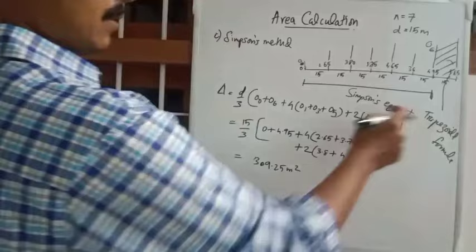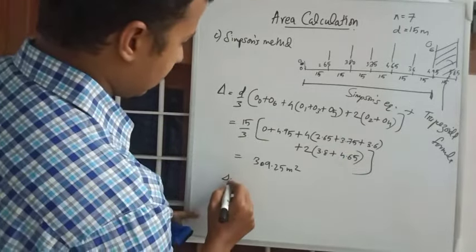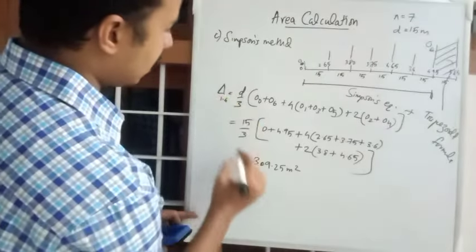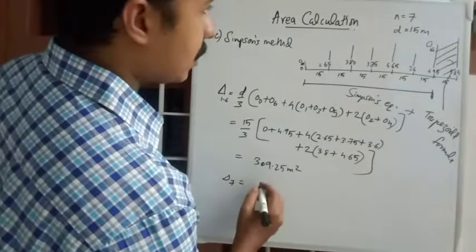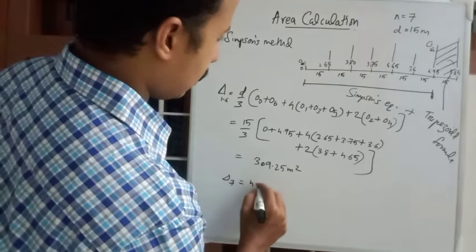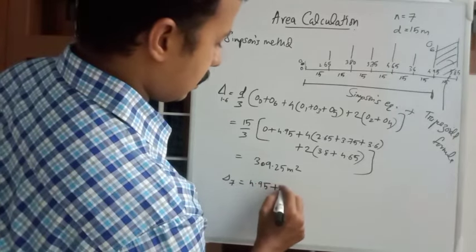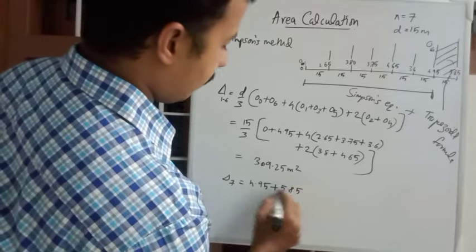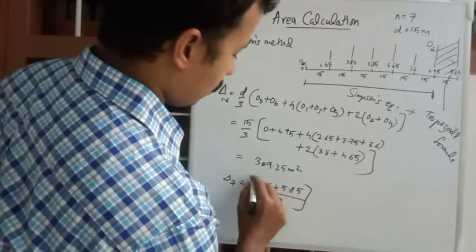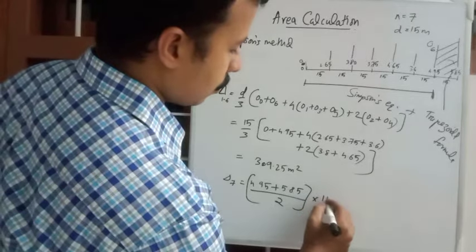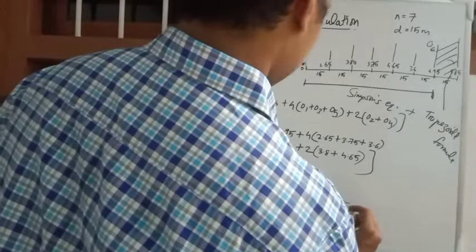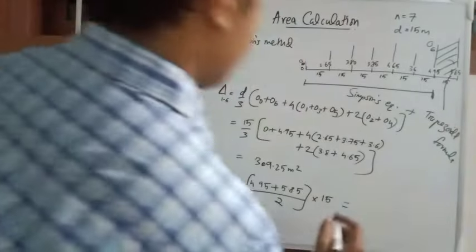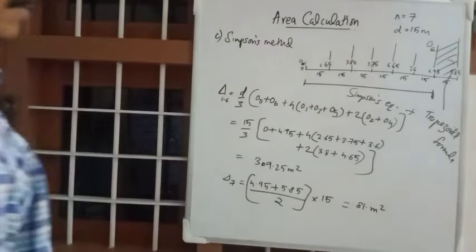The one remaining is the last division, delta 7, by the trapezoidal formula, that is 4.95 plus 5.85 divided by 2, the basic equation, into 15. That gives 81 meter squares.